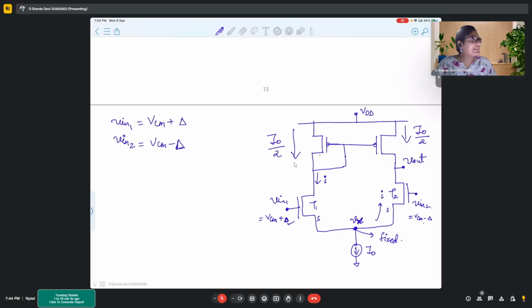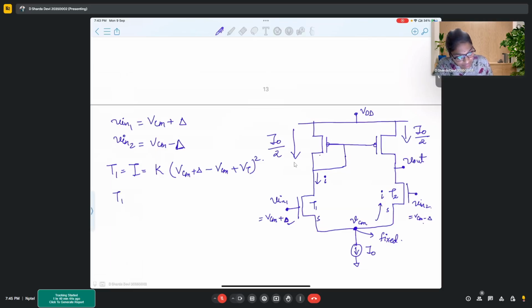If I write the current for T1, it can be written as K times VGS squared, that is VGS equals Vcm plus delta minus VS, where VS is, let's say, Vx, or I say it is Vcm to make the calculation simple. So for T1, the current becomes K times delta plus Vt whole square.